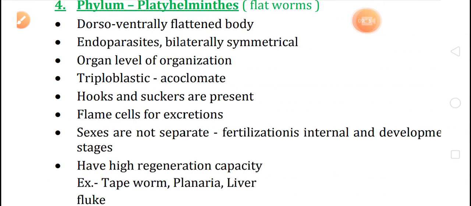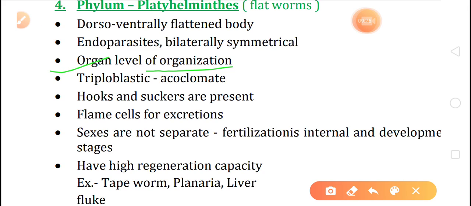Clear? So that's why we say bilaterally symmetrical. They have an organ level of organization. Organs are developed in Platyhelminthes like tapeworm, planaria, and liver fluke. In these organisms well-developed organs are there and they perform their tasks. Clear?